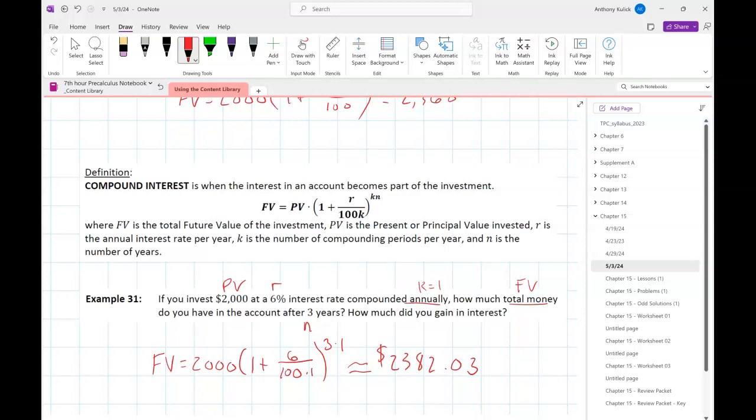Here's the deal though. Over the short term, compound interest is not much different than simple interest, as we're seeing. If instead of doing this for 3 years, we did it for 300 years, let me just illustrate to you the difference.